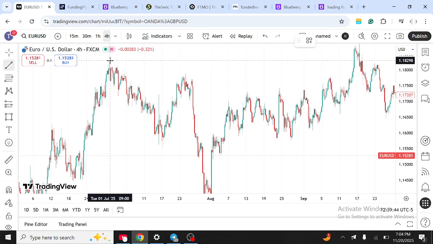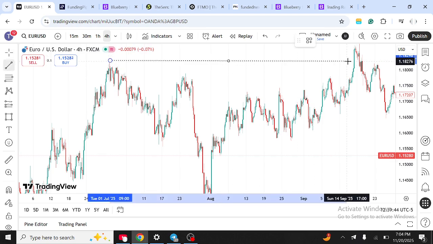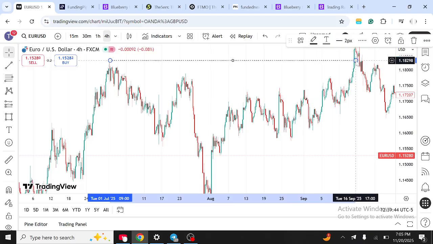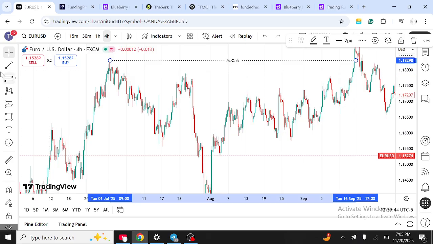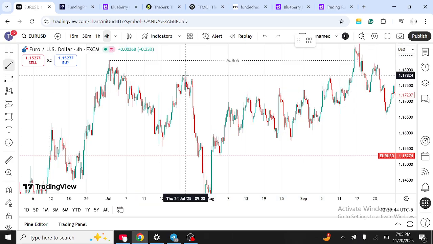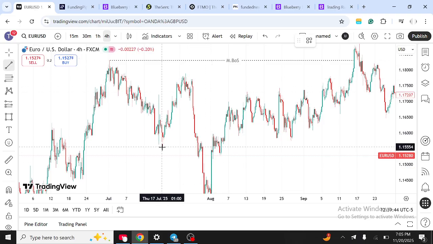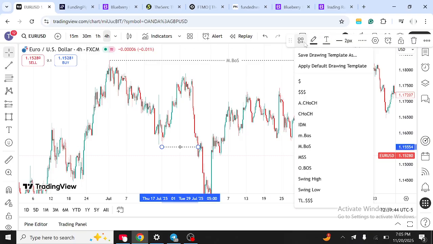Look at it. This is the major break of structure. Price did as if it wants to come up here and cause a break of structure. Then it comes down to cause this liquidity sweep. Remember the first diagram I drew?